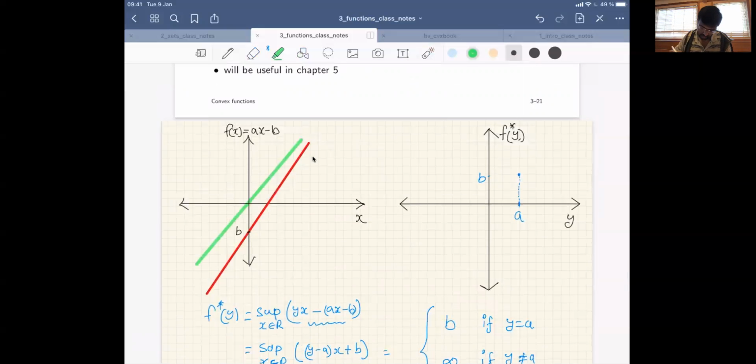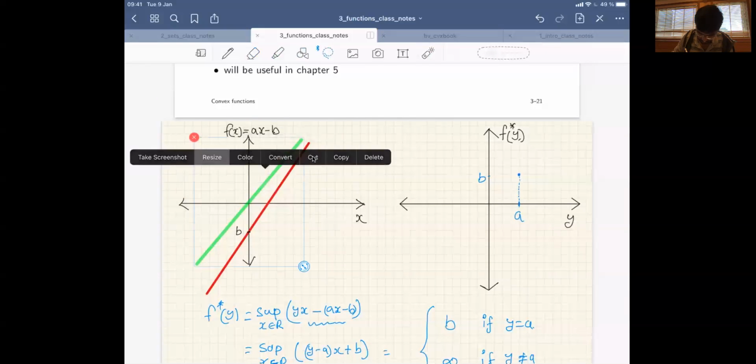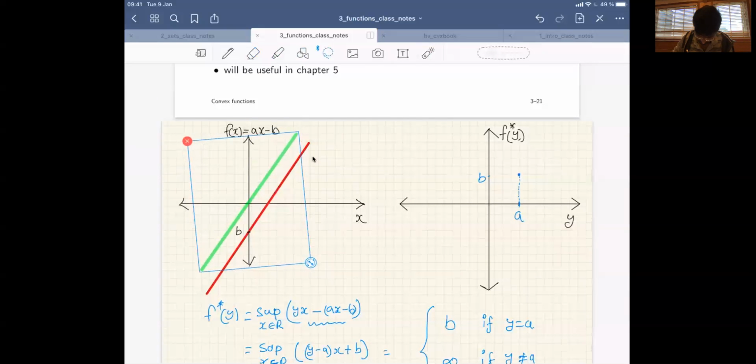So when the slope of the function. So now what we are going to do is examine this distance between these two lines for different slopes, right?